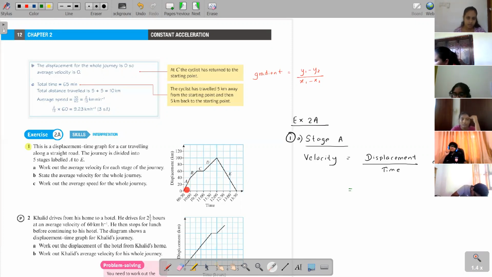if I take stage A, what's the displacement, children, in stage A? Looking at this graph, how much of a displacement do I have only for stage A, for that small part A? Tell me, look at the graph and tell me how much of a displacement I have for stage A. Yes, I can see a few answers on the chat.